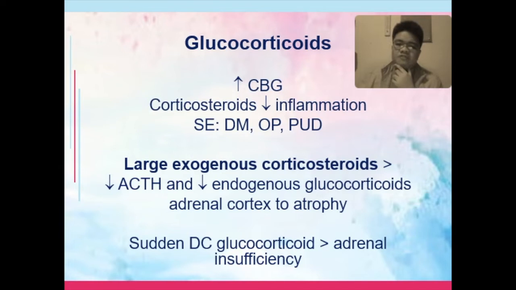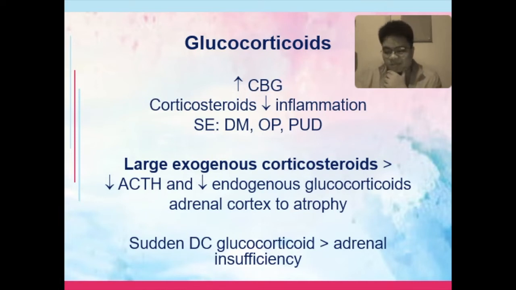Now, if there are large exogenous corticosteroids, in other words, a lot of steroids being administered to the patient, I'm talking here about pharmacology, there would be a decrease of ACTH. Your ACTH would think that there are already a lot of steroids in the body, so your CRH and ACTH would be decreased. Later on, that would result in the decrease of your endogenous glucocorticoids.